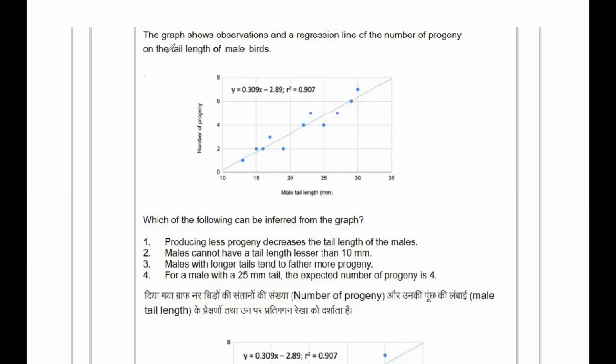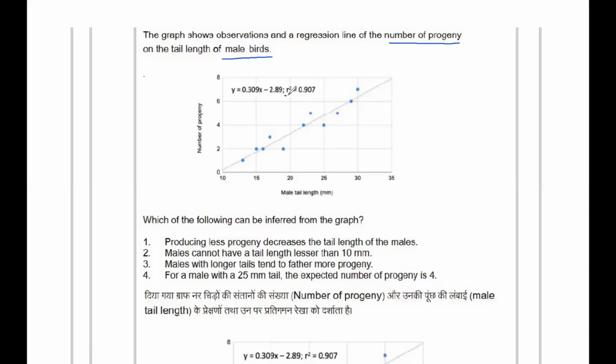So here's a question. The graph above shows observations and a regression line of the number of progeny on the tail length of male birds.